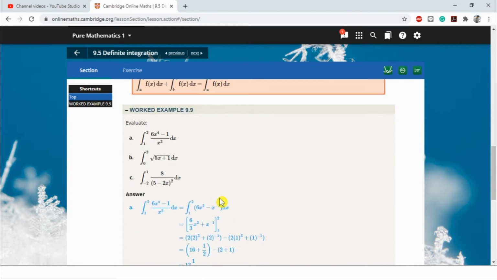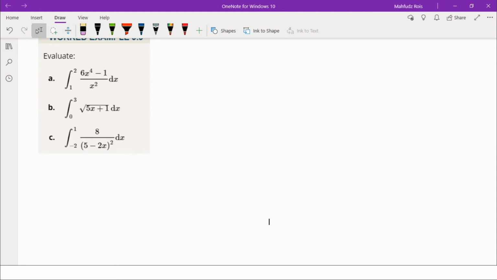Now let's see the example here, how to calculate. Let me show you. This is actually the same example. So we have number A here. Firstly, you need to rewrite this definite integration as 6x to the 4 divided by x squared, so it will be 6x to the 4 times 1 over x squared, dx.